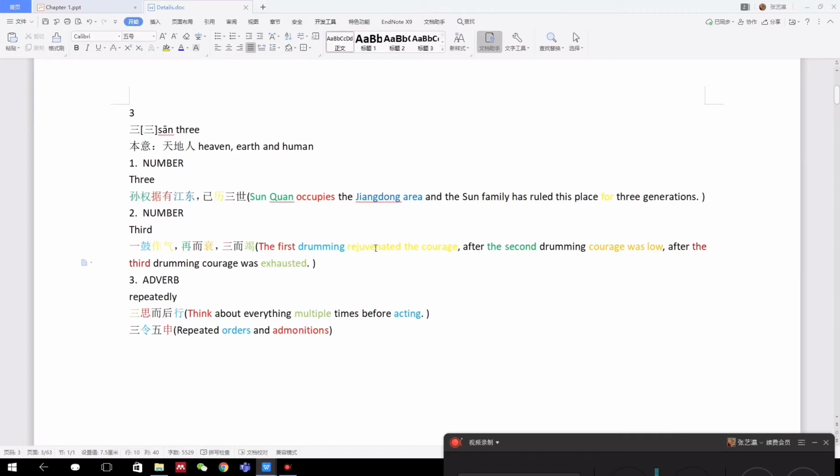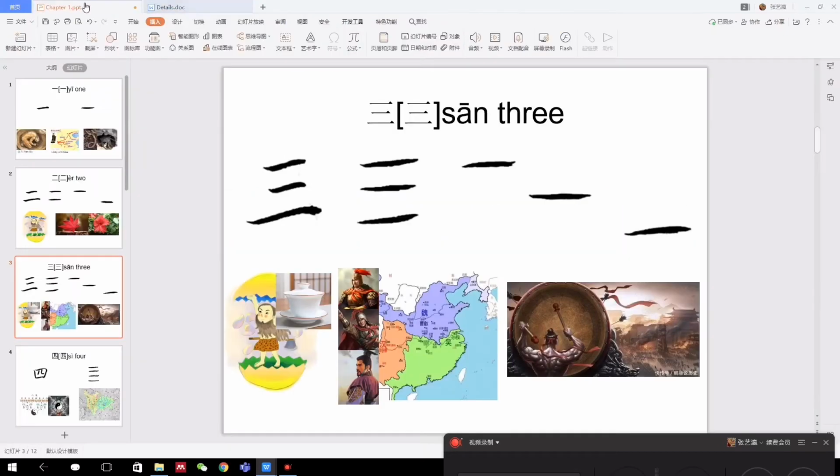So at the third time that Army A is drumming, Army B only drummed for the first time. So Army B's courage is the maximum, and Army A's courage is the minimum. With these two kinds of courage in the war, of course Army B will win. And this is a very famous strategy.